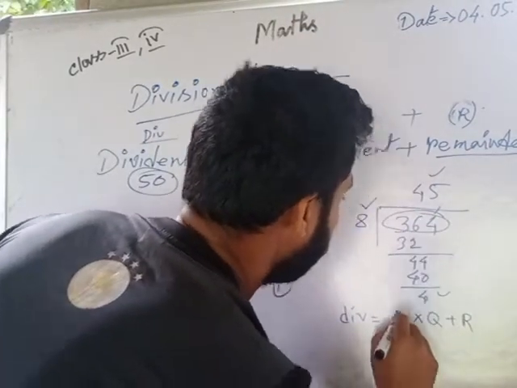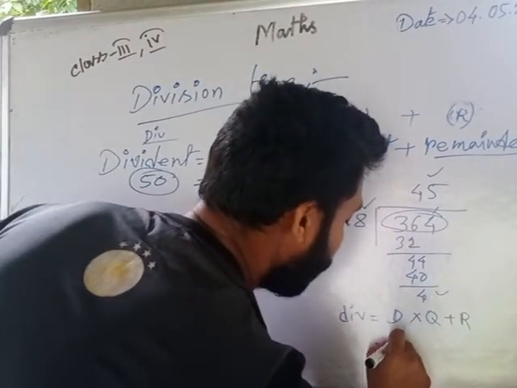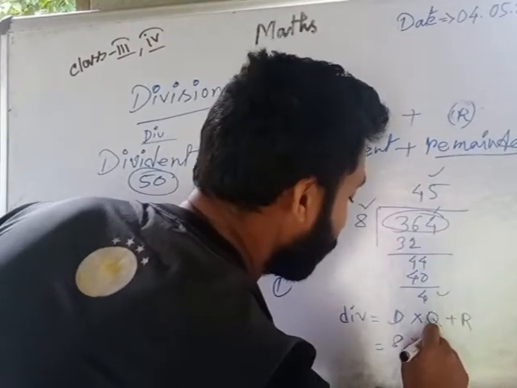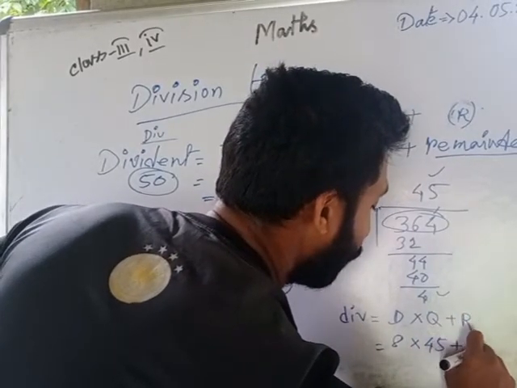D, that means divisor 8, multiplied with Q, that means 45, plus R, 4.